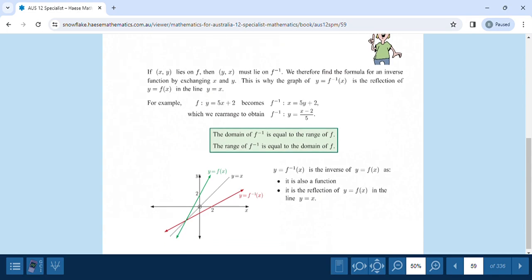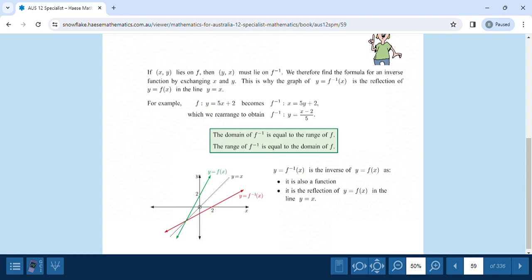And as a result, you're going to find that the domain of the inverse is equal to the range of the original function, and the range of the inverse is equal to the domain of the original function, because it's basically the first function with the variables switched over. So it makes sense that the domain would then become the range, and the range would then become the domain when you're finding the inverse.